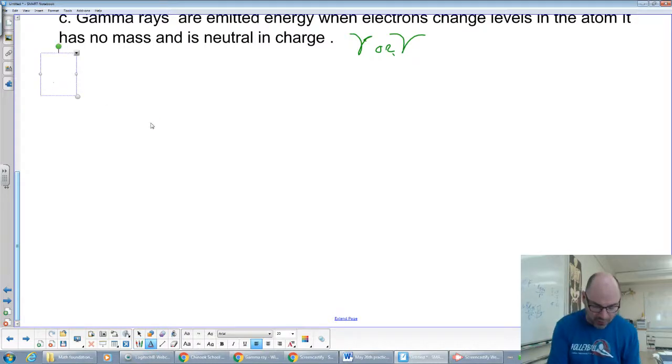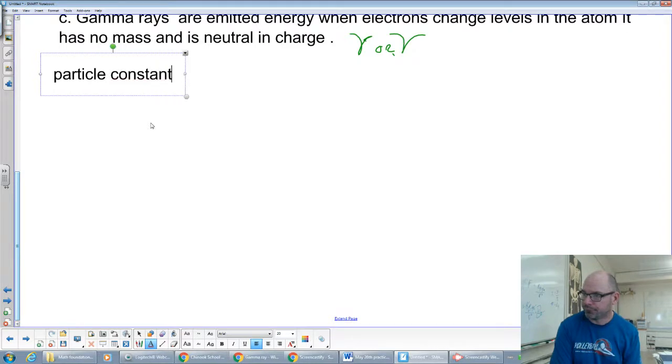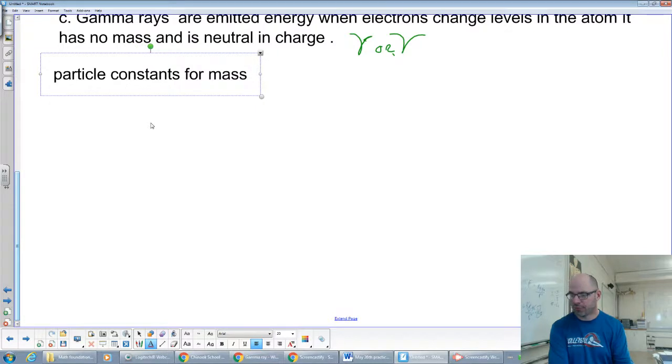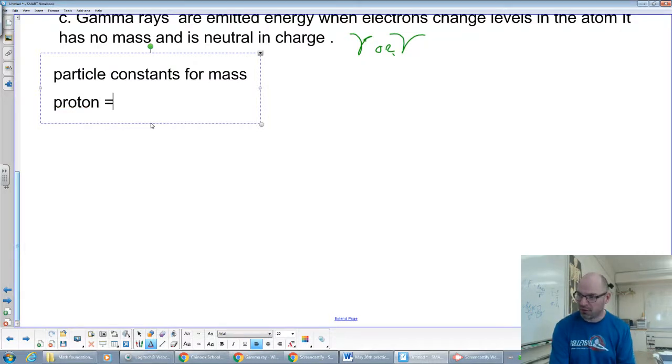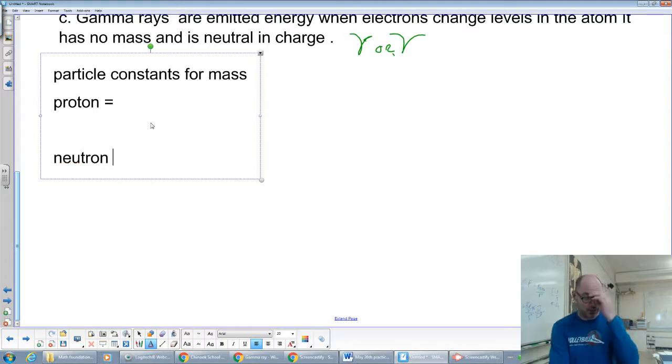So some particle constants. For mass. So let's do a proton. What the mass of that is, and I'm going to do it in the marker, equals whatever, and then we'll do a neutron. And we're going to need this because we're going to be calculating mass defect and nuclear binding energy next.